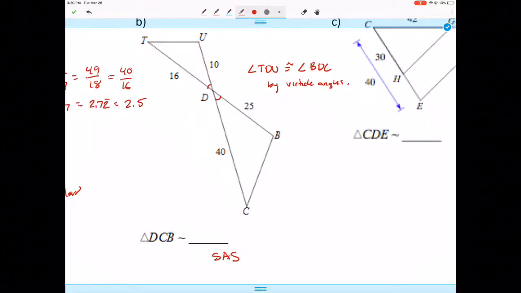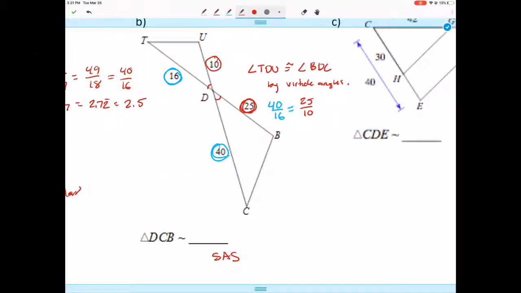Then we need to find the proportions. Here we'd want to choose the largest side and the largest side. So 40 divided by 16, that should be equal to the next largest, 25 and 10.